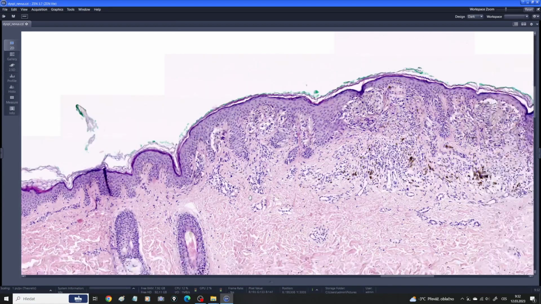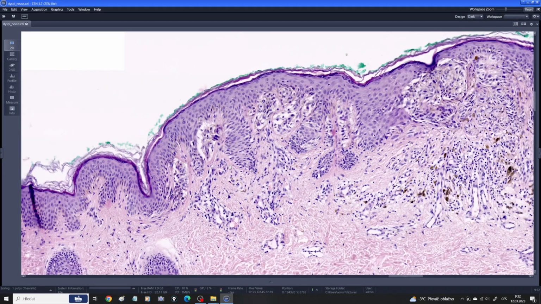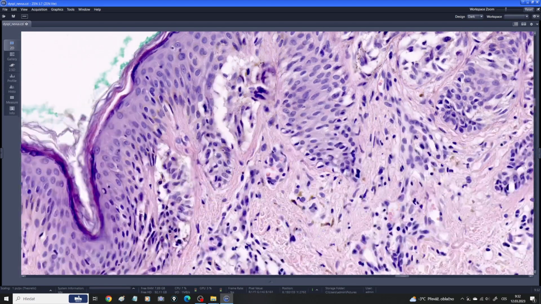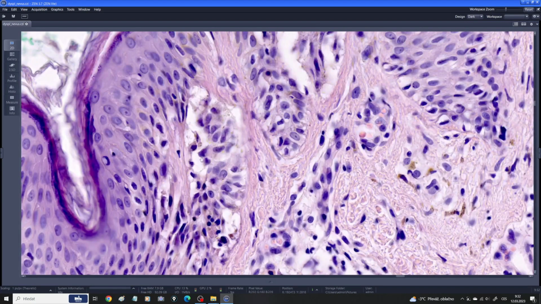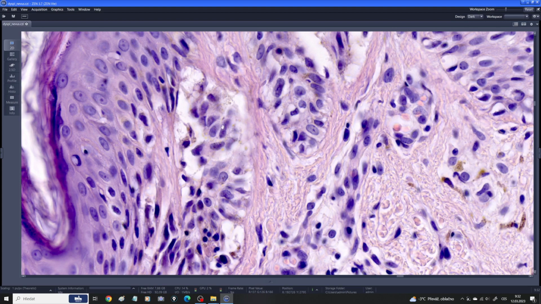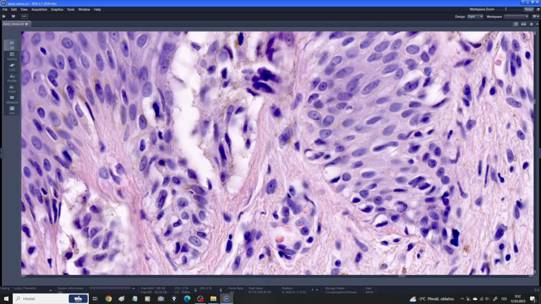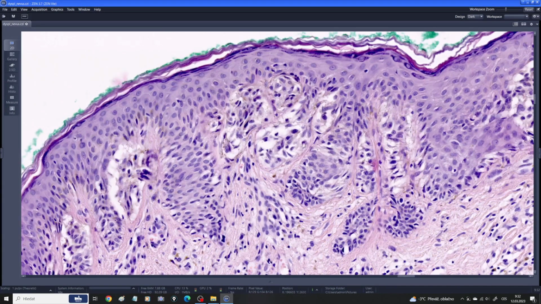But when we go deeper, you can see that the lesion doesn't look nice. There is cytological atypia. The melanocytes in the nests are quite ugly looking. They vary in shapes and sizes, the nuclei are irregular, they are of different shapes, some of them are quite hyperchromatic. So the cells are not nice.